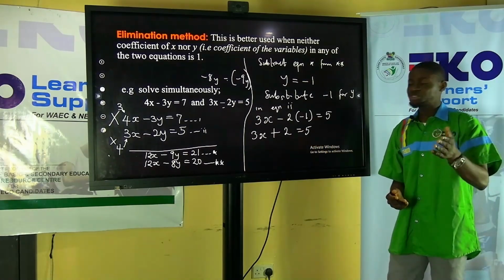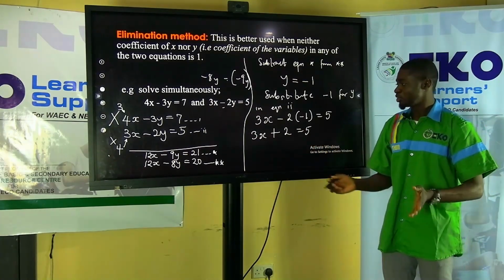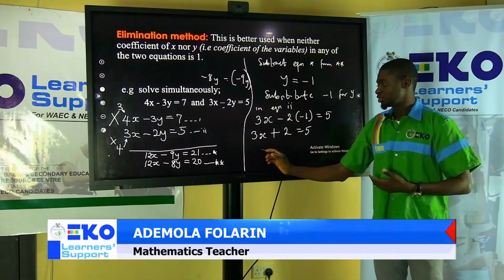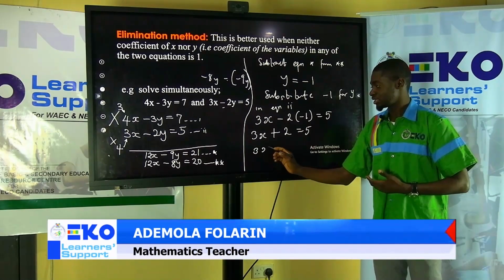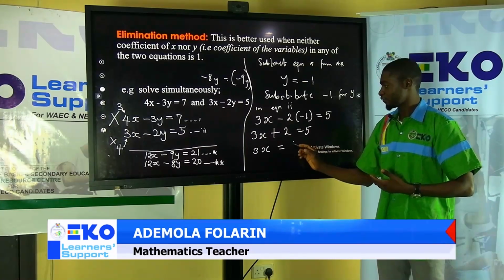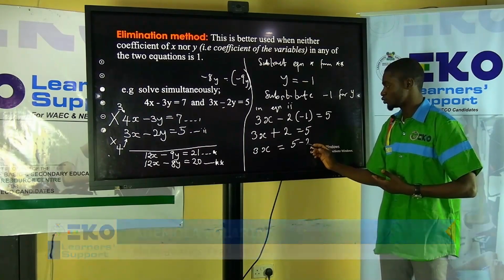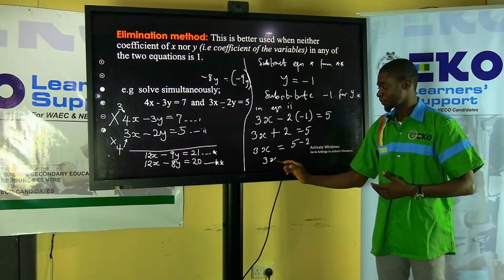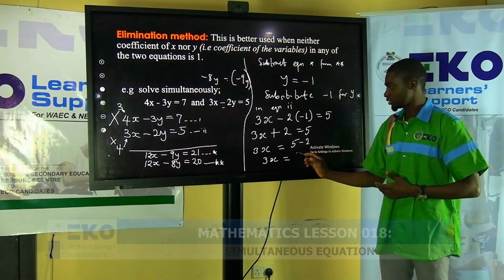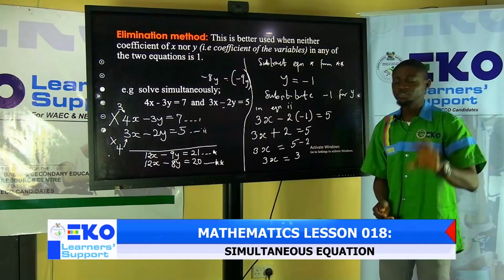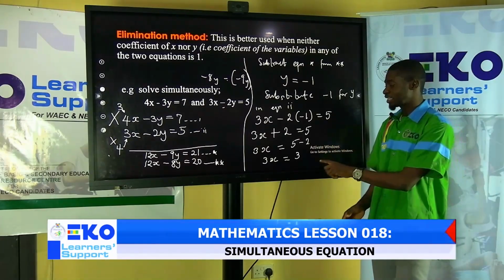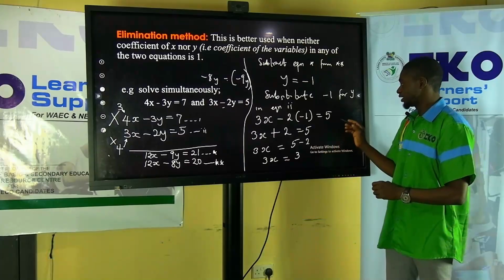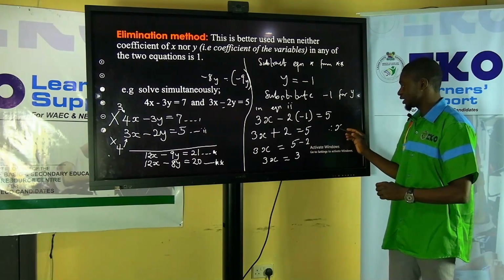So I bet you can continue from this, where you say, subtract 2 from both sides. You have 3x equals 5 minus 2. Then you have 3x equals 3. So you divide both sides by the coefficient of x, which is 3. So 3 divided by 3, therefore x equals 1.